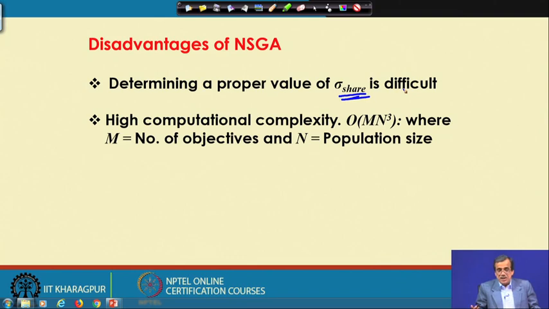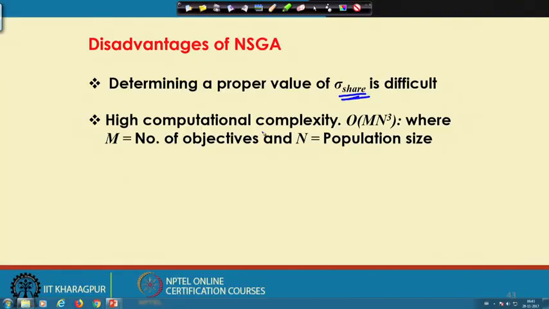How to set this sigma share value, whether it is 6.00 or 7.00, depends on the problem, and the user will have to define this numerical value, and the quality of the solution will be controlled by this sigma share. So, determining a proper value for this sigma share is a difficult task.